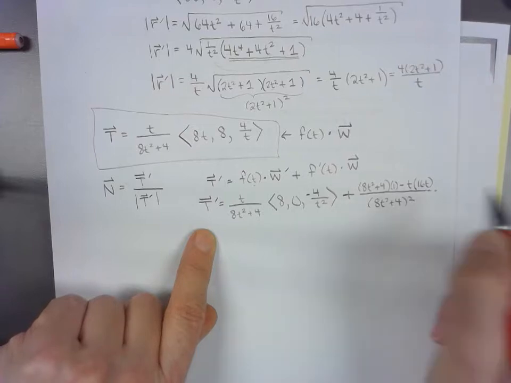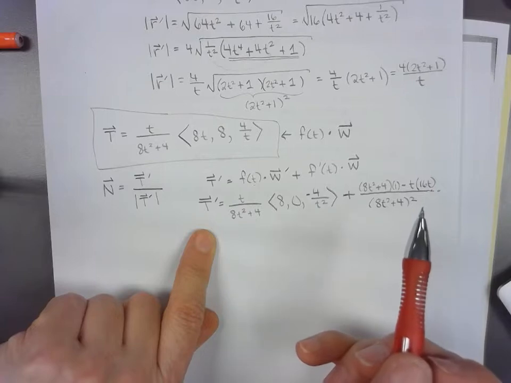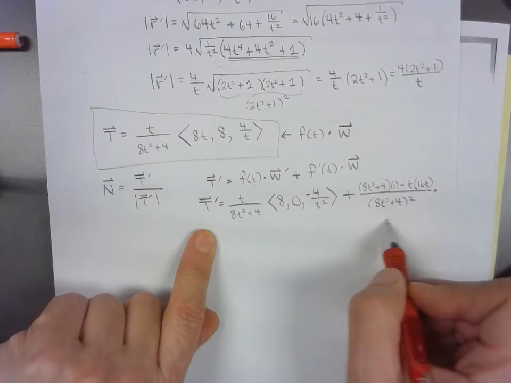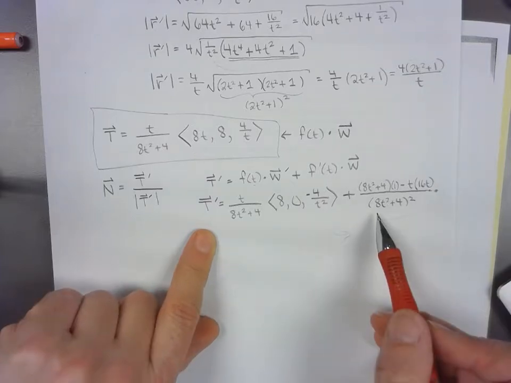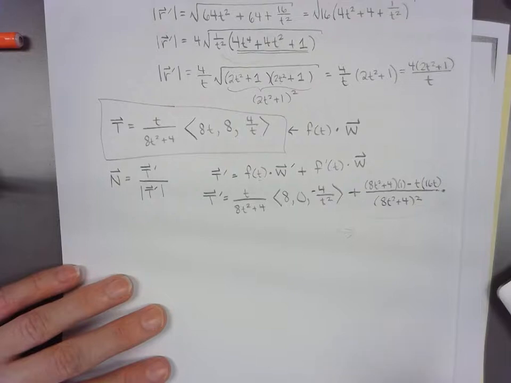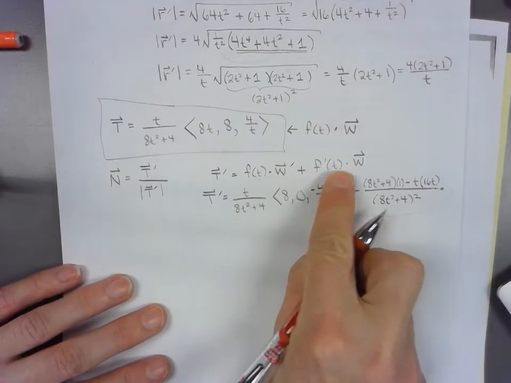Which is the factor, I mean, the bottom first. If it's squared, then you could FOIL if you want: 64t to the 4th plus 64t squared plus 16. And then, so that's f prime times w.